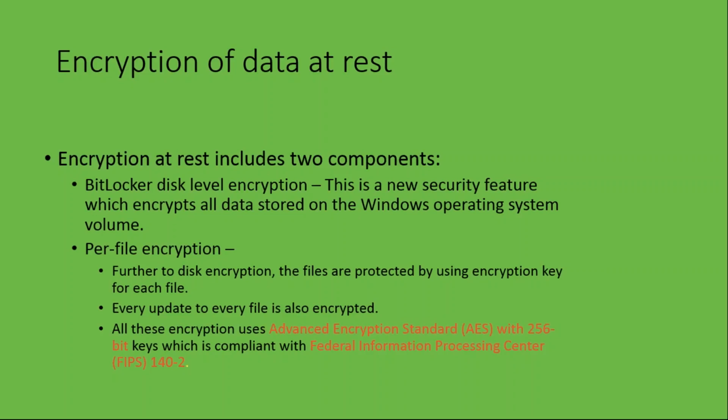Also, the files which we upload in SharePoint are encrypted. So first of all the disk is encrypted, and every file is also encrypted. All these encryptions use the Advanced Encryption Standard, AES, with 256-bit keys, which is compliant with Federal Information Processing Standard FIPS 140-2. We are not going into the detail of AES and FIPS in this presentation.